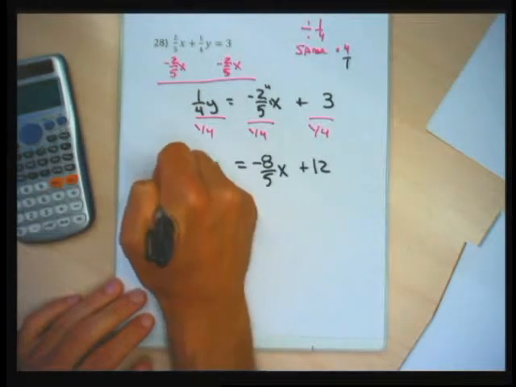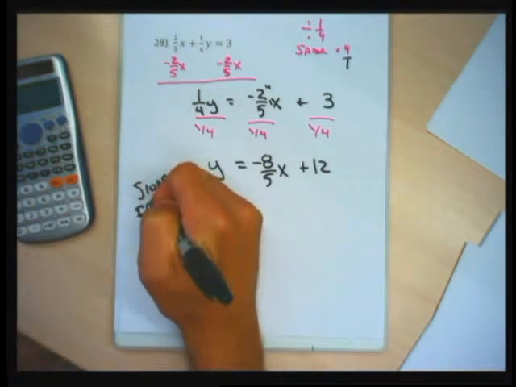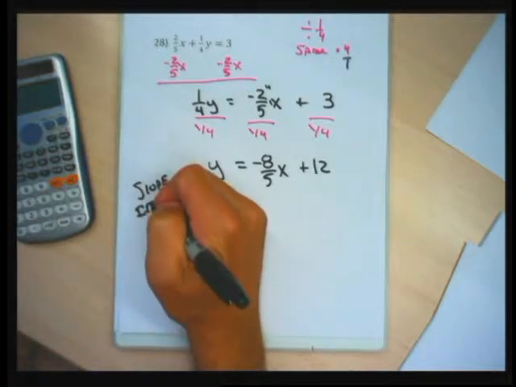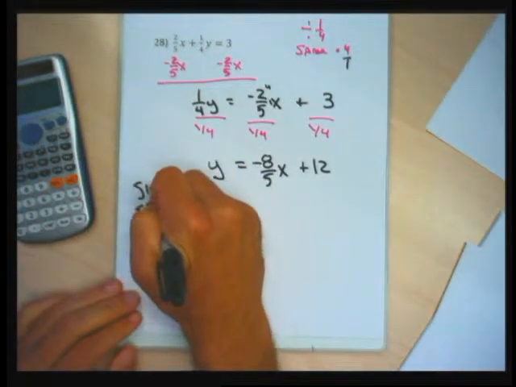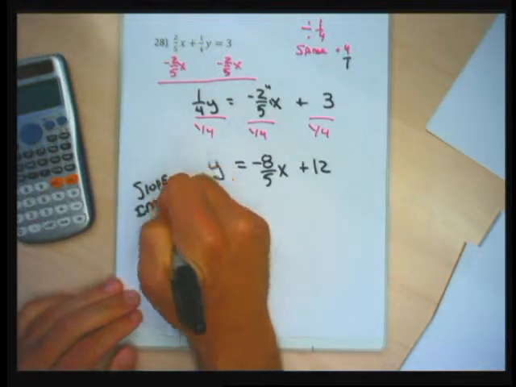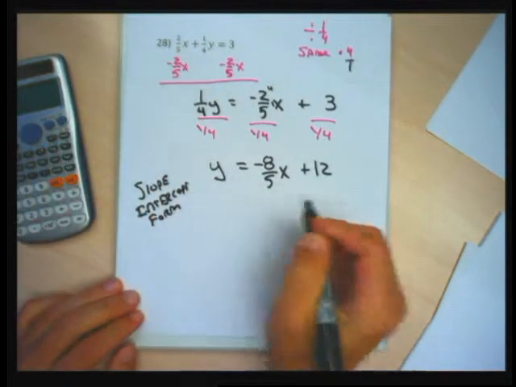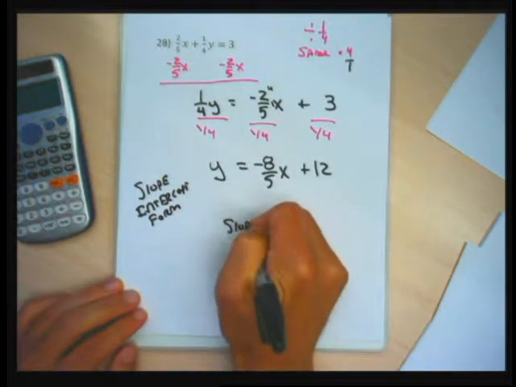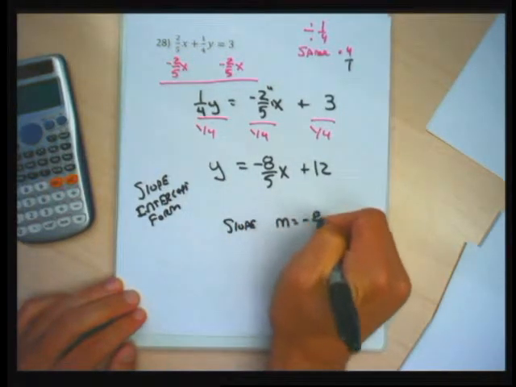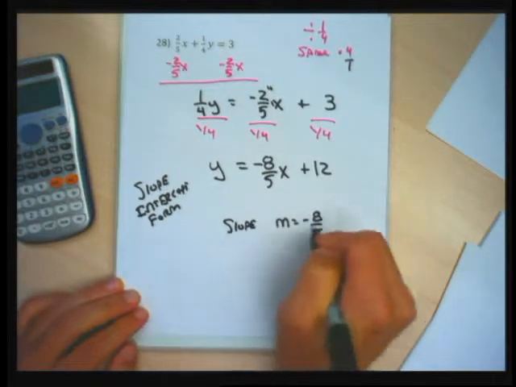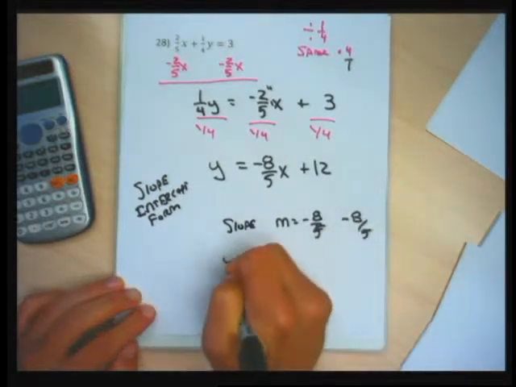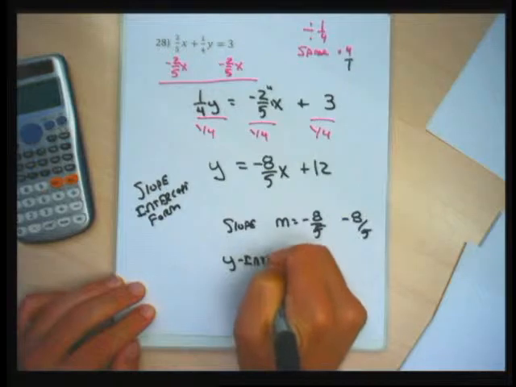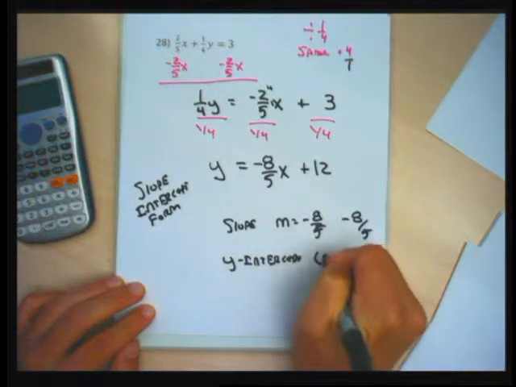So here's the slope-intercept form for number 28, and then the slope is m equals negative 8/5, and the y-intercept, if I could actually read that, negative 8/5. Gosh, my 5 is equally sucky. And the y-intercept is the point (0, 12).